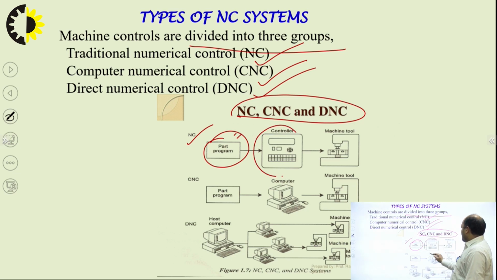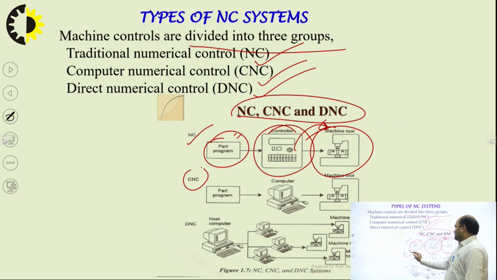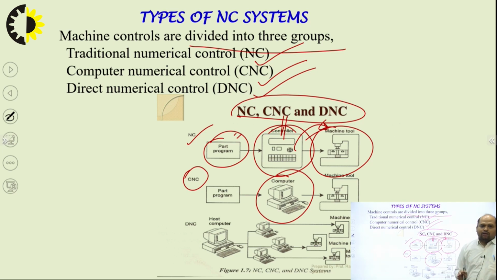It is read through the controller, which is the MCU, and the information is transmitted to the machine tool. In the CNC machine, this controller is replaced by a computer system, so we can feed the part program through the computer, and the program is executed or decoded step by step through the machine tool.